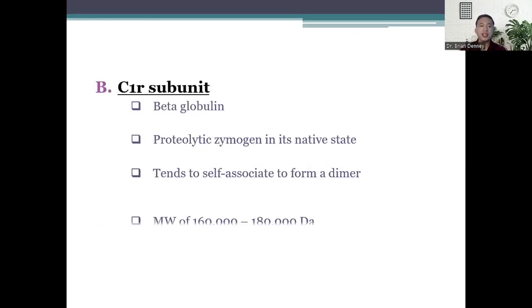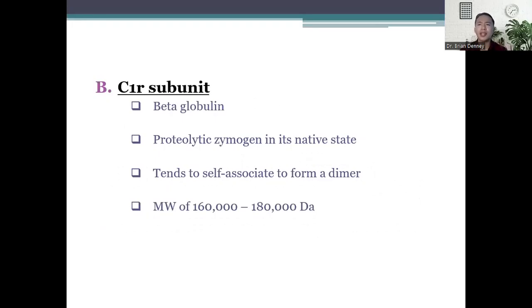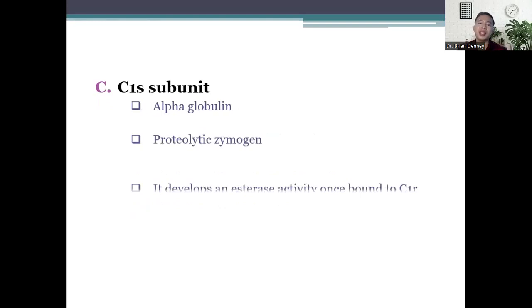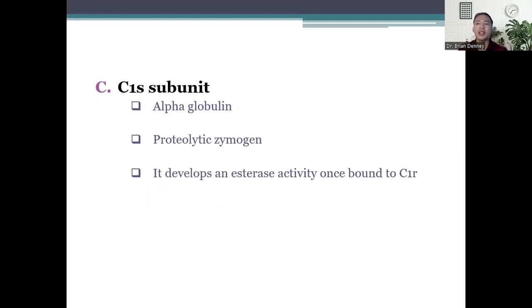So the C1r subunit is a beta globulin and it forms a dimer. I mentioned this already, class. No need to memorize these numbers. The molecular weight won't matter. That will not come out in the examination. I will not vex you on that, no. Whereas your C1s subunit is an alpha-alpha globulin, and it also forms a dimer. Same with your C1r subunit.